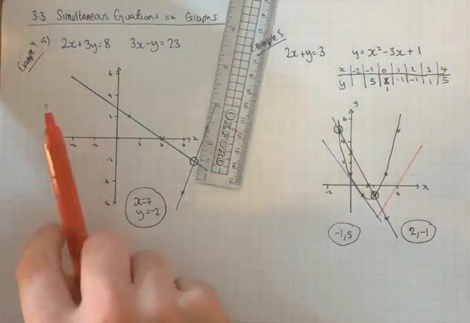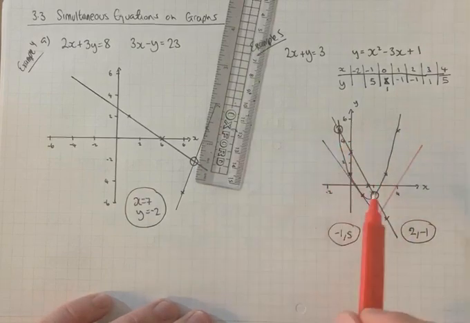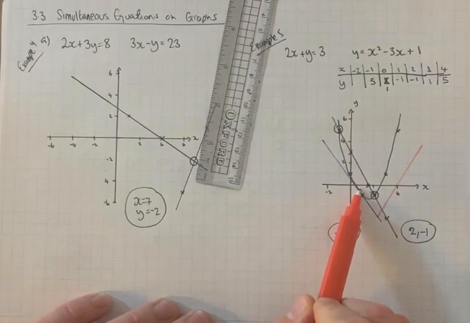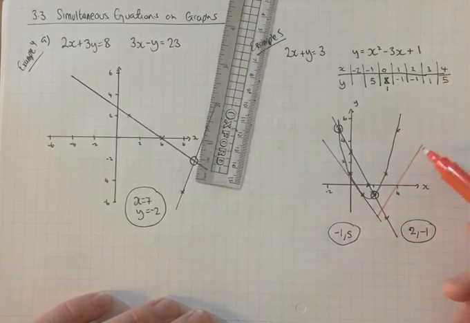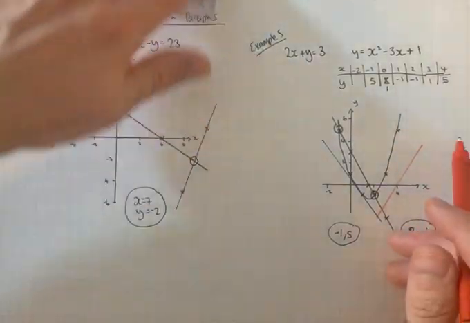So you've got three situations. You're either going to have two solutions where it cuts twice, one solution where it touches the curve, or the line might not cut at all.